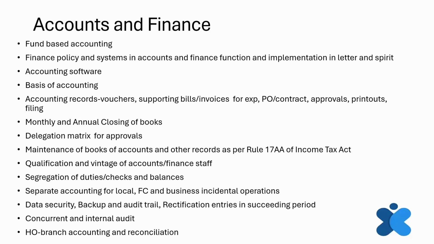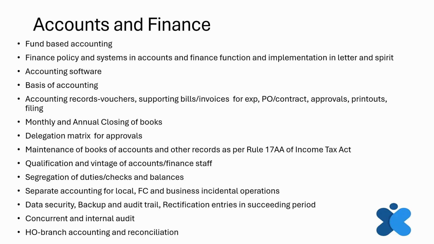Now, what are the accounting records that you have maintained? Okay. How have you maintained them? I'm not getting into those details. So, your vouchers, your supportings to those vouchers. Meaning the purchase, if there's a purchase voucher, the purchase order, the contracts, the approvals, the printouts of those vouchers, the filing of those vouchers. How have those all been kept?